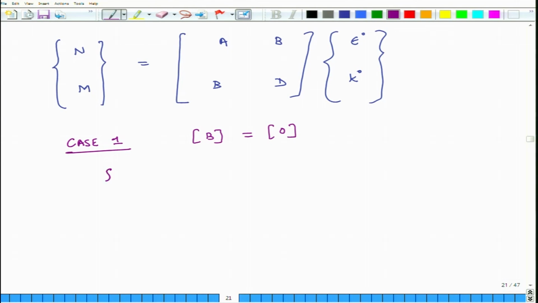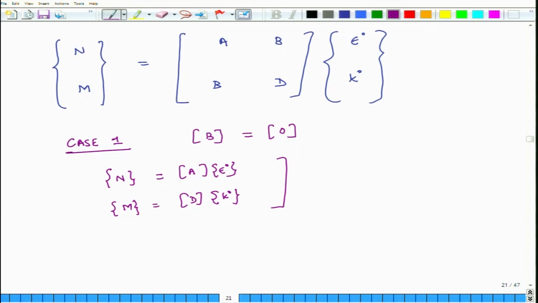Then n equals A times epsilon and m equals D times curvatures.